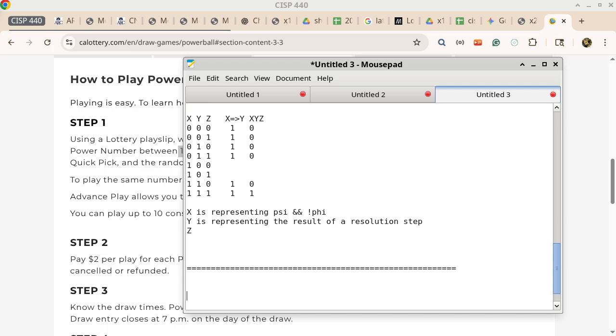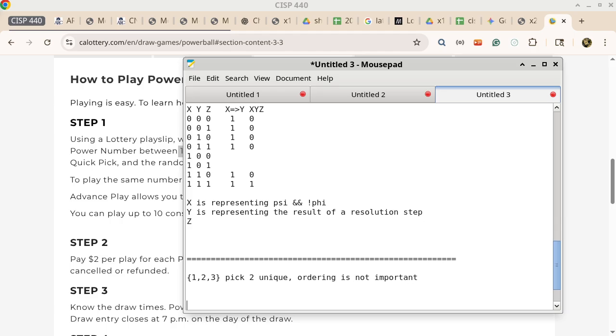All right. So we're gonna say out of the possibilities of 1, 2, 3, we want to pick two. Ordering is not important, and I would say pick two unique ones. So are we understanding the question?